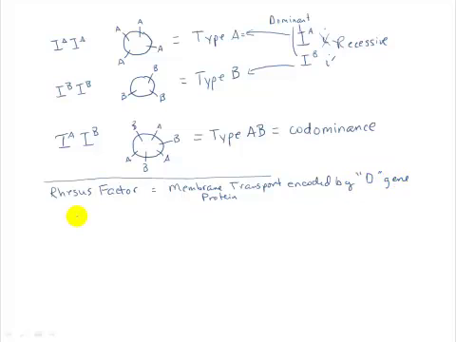And at the D gene, there are two possible alleles that we can symbolize as capital D and lowercase d. The capital D allele encodes a functional membrane transporter. Mysterious as it is, we don't know what it's transporting, but it seems to be a functional membrane transport protein. And the lowercase allele encodes actually no protein at all, so not present.